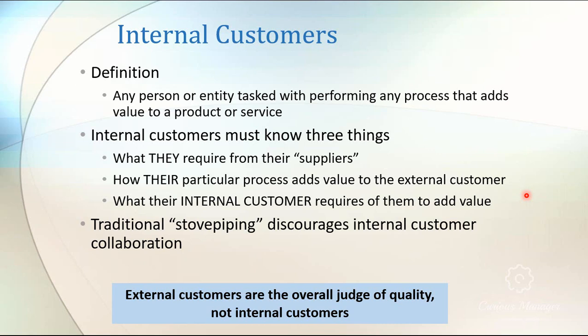So as a result, we drift away from external customers and start to move towards what internal customers want. So when you deal with this, you need to both focus on what the internal customer requires them to add value and how the particular process adds value to the external customer. Ideally, these are aligned so that these interactions are maximized to add value as it relates to the external customer.